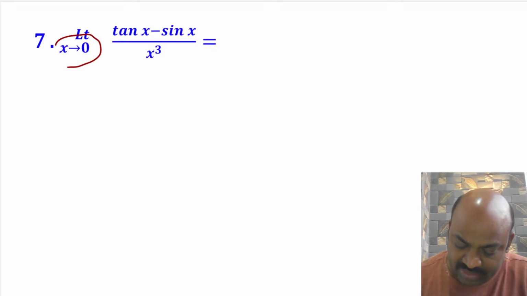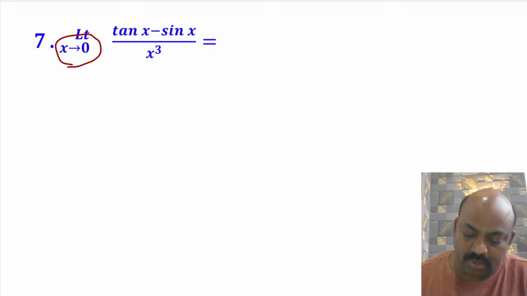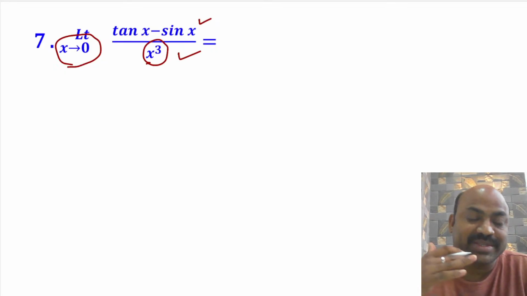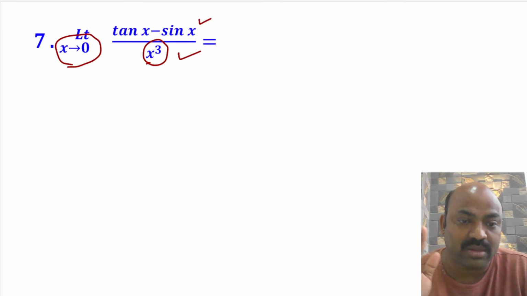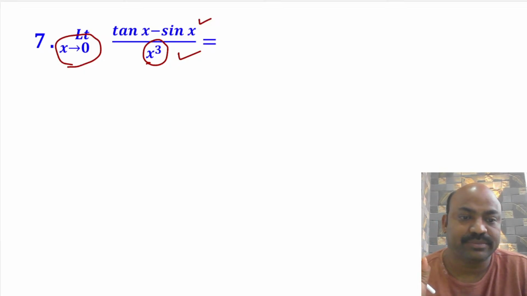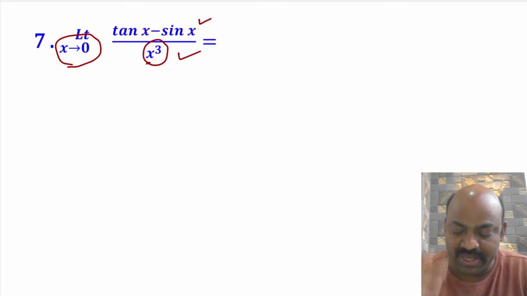When the limit tends to 0, and in the denominator you have a degree other than the degree of the numerator. For example, numerator degree is 1, tan x minus sin x, assume it is 1, but in the denominator you have degree 3. In such cases, you can use expansions. Let me explain what expansions are all about.